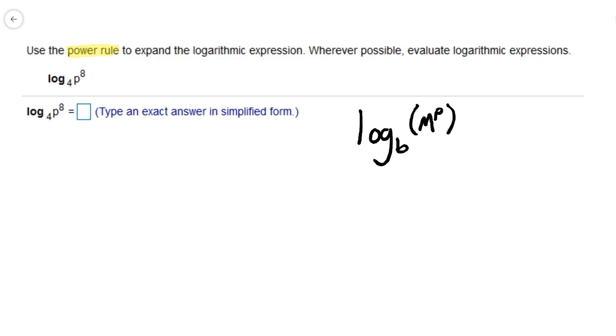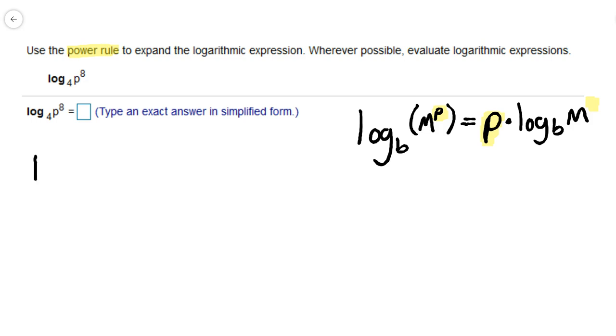And when you have something raised to a power, what you can do is take that power and multiply it by the log that you have. You notice that the power is now gone from the m, and it's moved to the front of the log. It's multiplied by the front of the log.